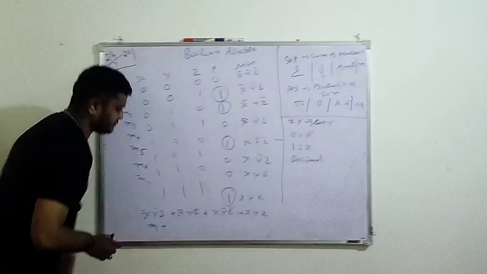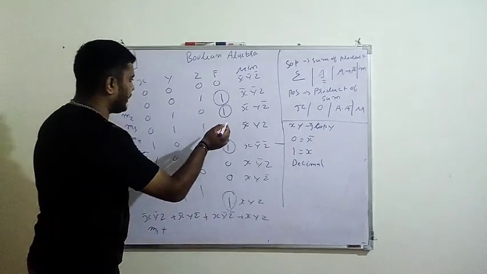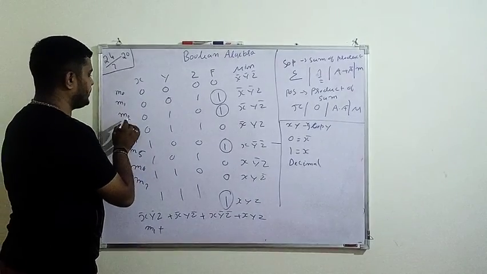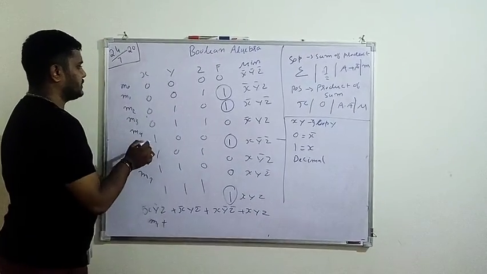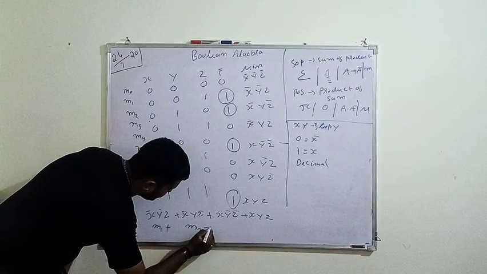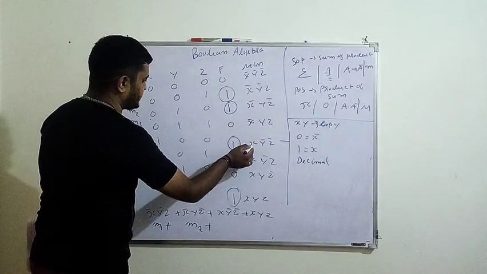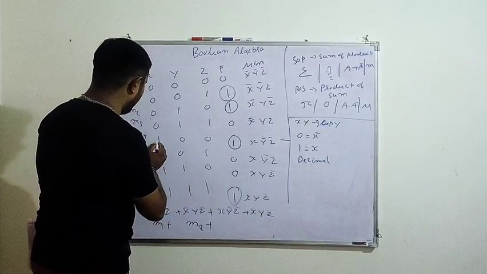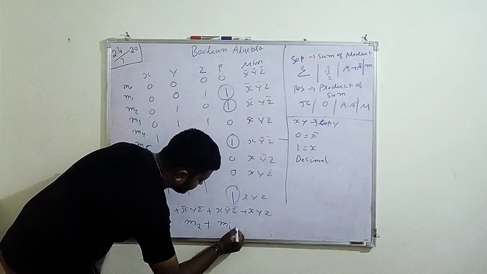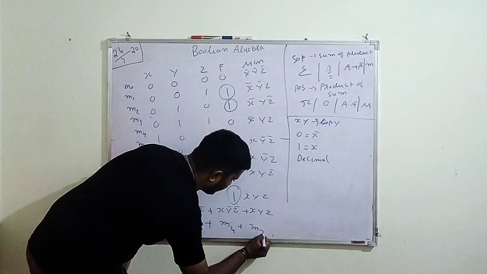Okay, plus x bar y z means this is the value, right? So M2. So M2 plus now x y bar z bar. So here M4. Here M4 plus M7.